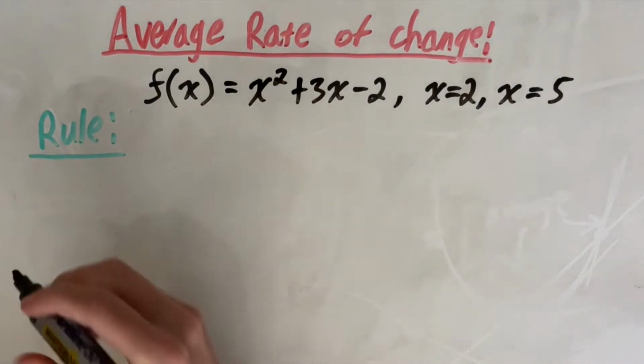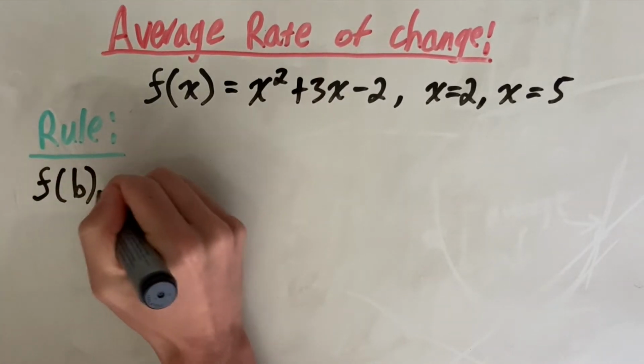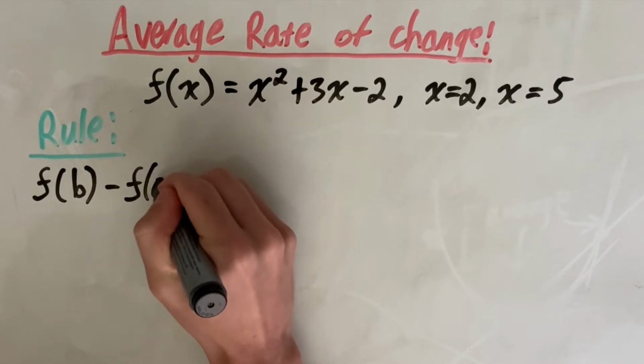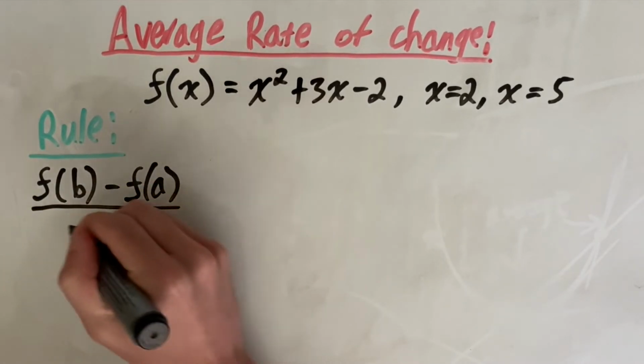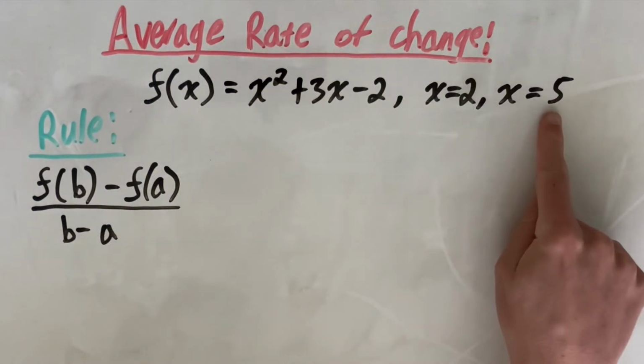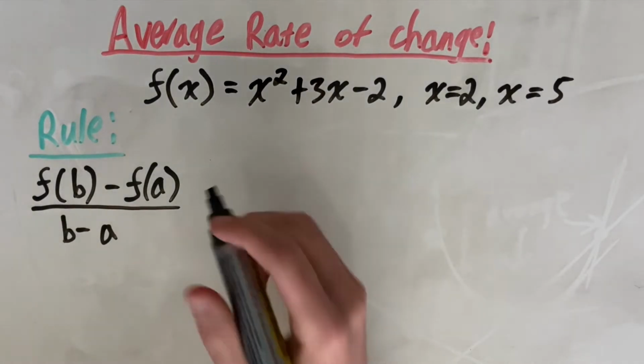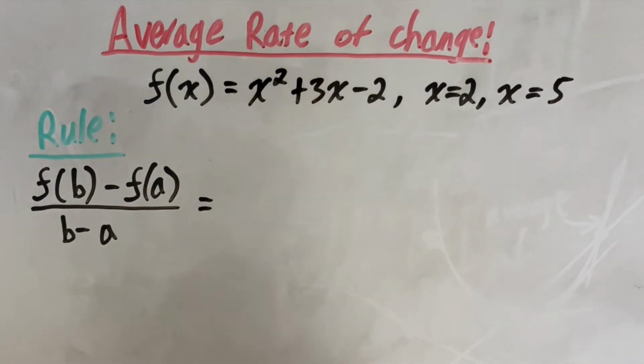So the rule, or the formula to find the average rate of change, is f of b minus f of a, all divided by b minus a. So in this case, b is x equals 5 and a is x equals 2, where a and b are just your two x points in order.